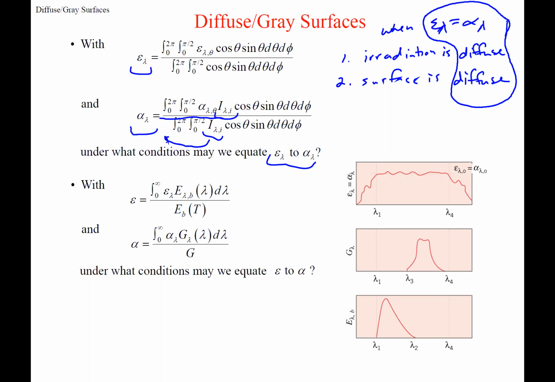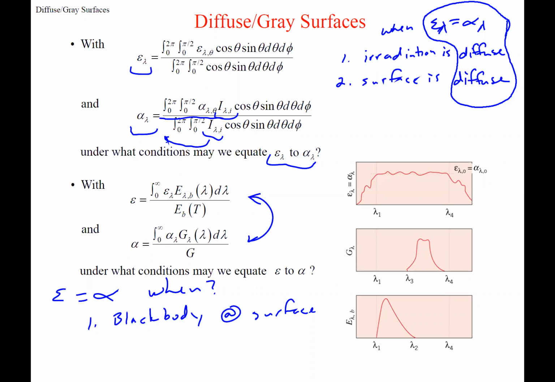All right, so that's at any given wavelength. What can we do to make the total emissivity equal to the total absorptivity? Okay, so when? That's again comparing this equation to this equation. One is blackbody at surface temperature, so the temperatures are the same.